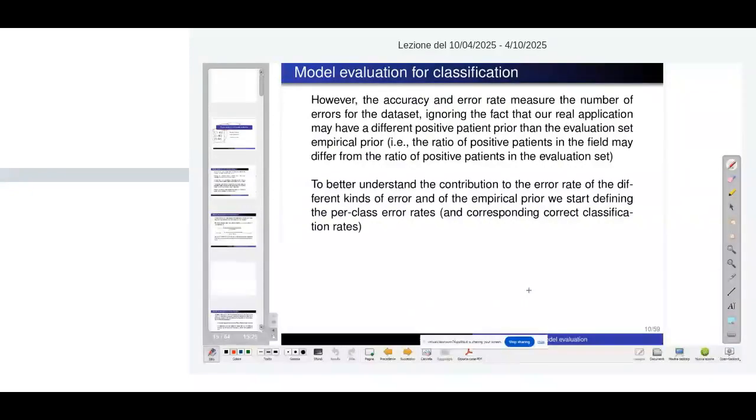We'll see how to specialize this for multi-class, but let's now concentrate on binary because that's easier to understand. So let's restrict ourselves to binary problems and see how we can, at least for a binary classifier, address those problems that we have discussed before.